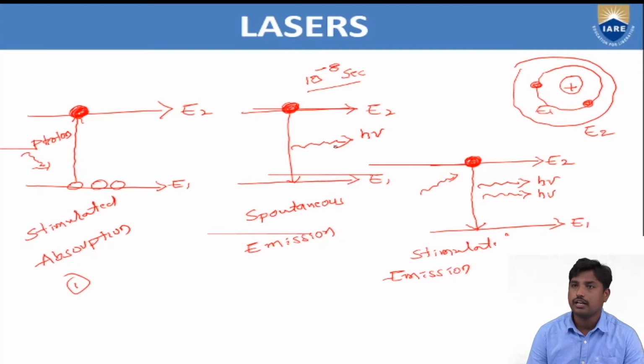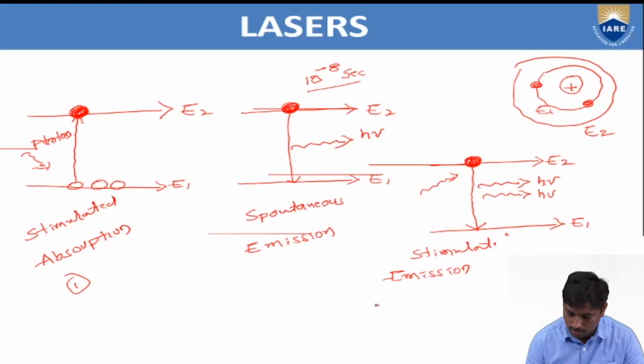In the stimulated emission process, before completion of the lifetime, if a photon's energy is given to the electron, it de-excites to the ground state energy level. In this process two photons are released by the electron. This is called stimulated emission.